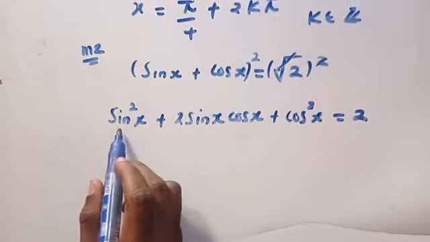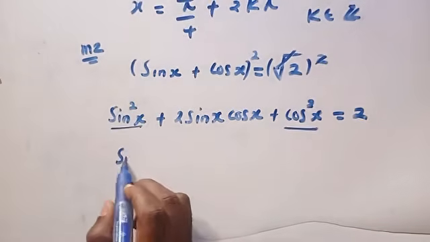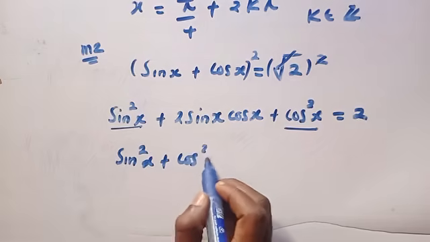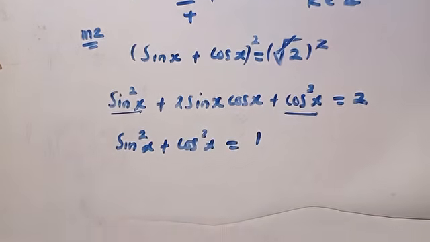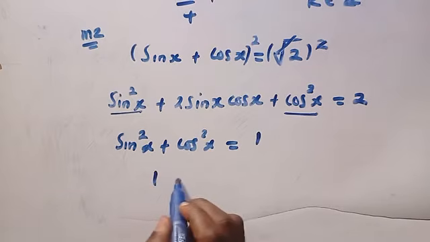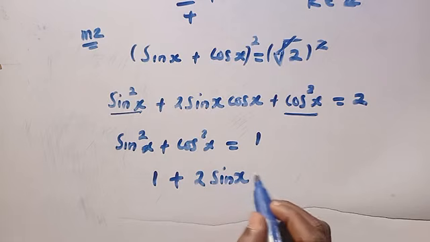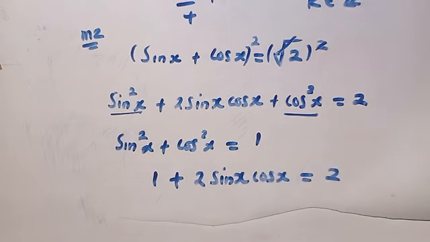Next, let's combine sine squared x and cos squared x. Sine squared x plus cos squared x equals 1. Therefore we have 1 plus 2 sine x cos x equals 2.